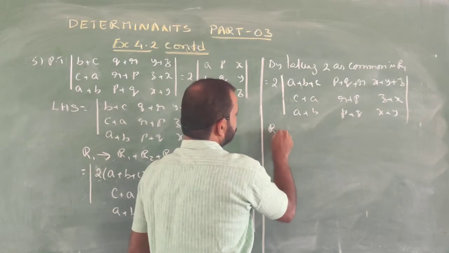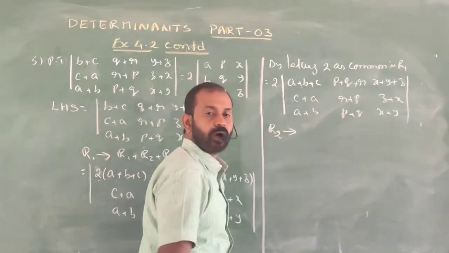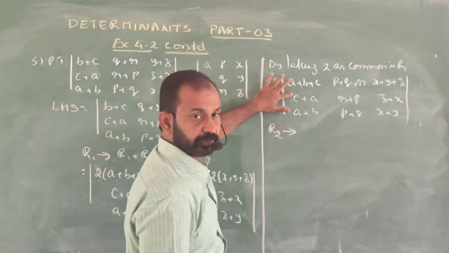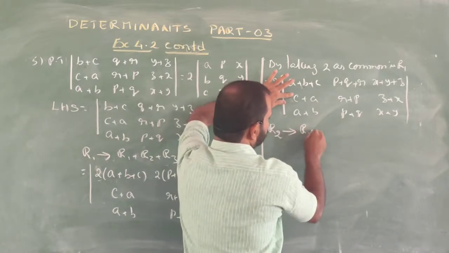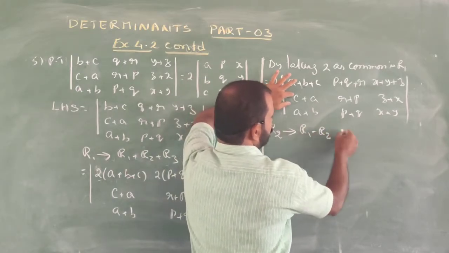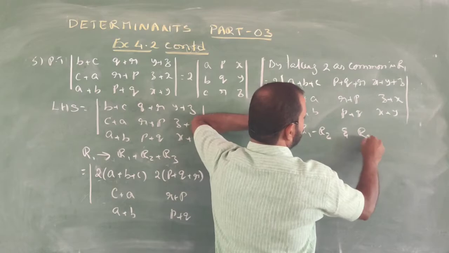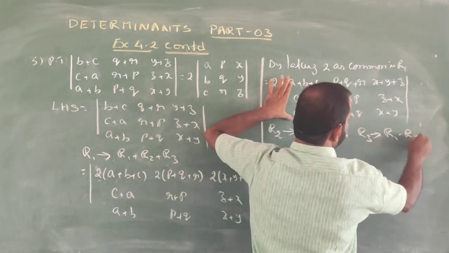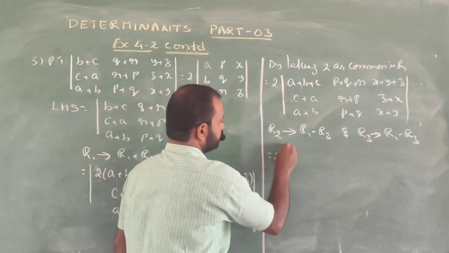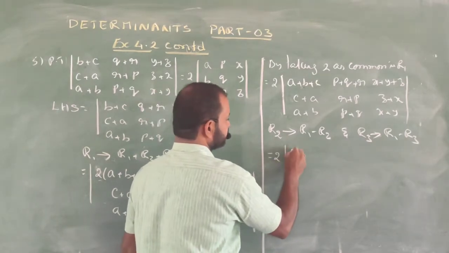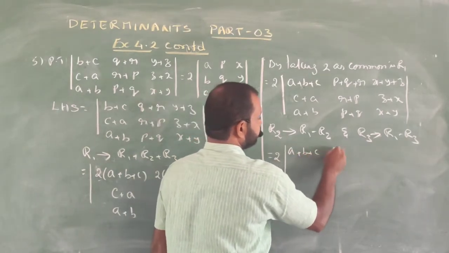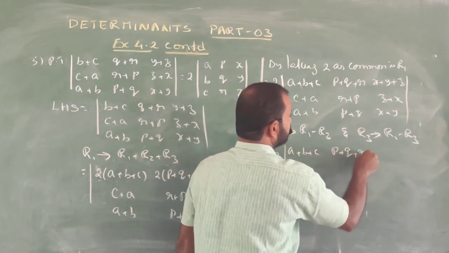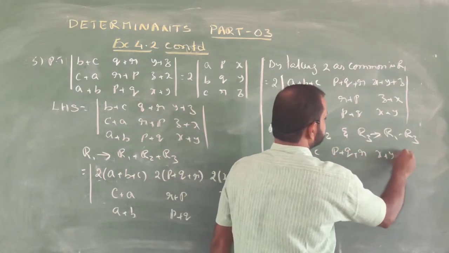So I will write R2 as R1 minus R2, and in the same way R3 as R1 minus R3, which is equal to twice of the first row as it is: a plus b plus c, p plus q plus r, x plus y plus z.